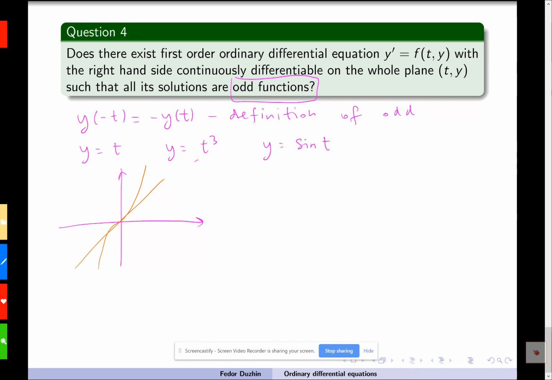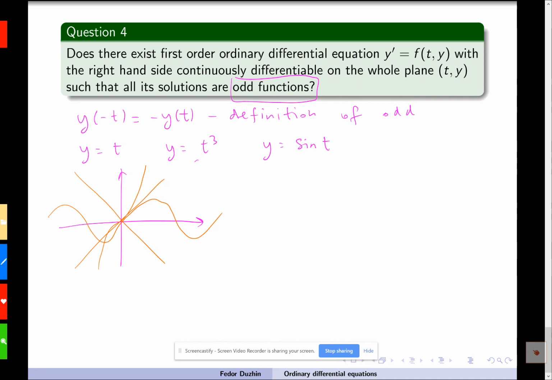Sine t goes like this. Negative t goes like this. But I think you can see the pattern.